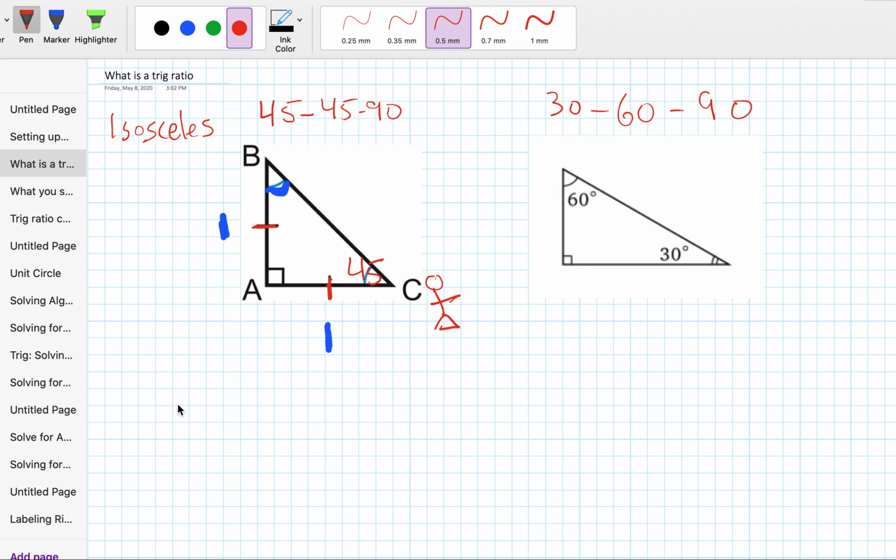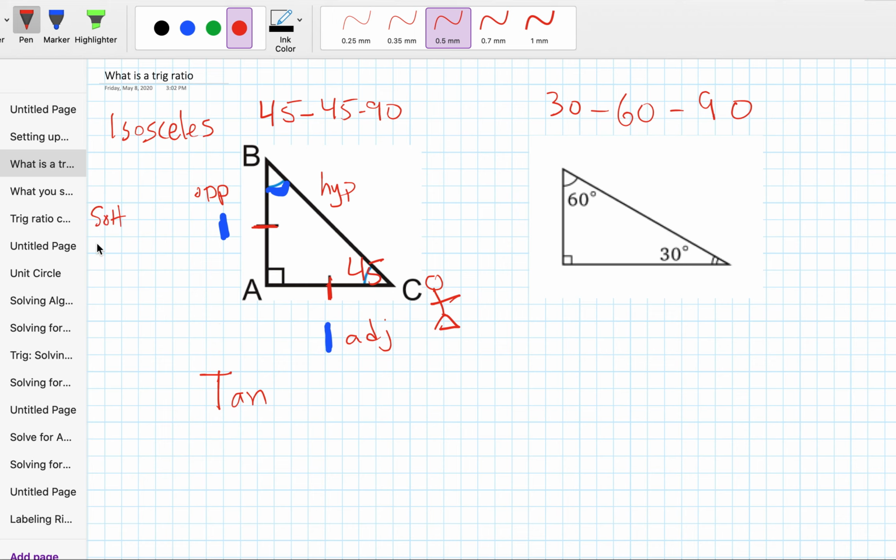We're going to set up a trig ratio, and we're going to use tangent because when I label it, my hypotenuse is here, my opposite is here, opposite of the reference, and my adjacent is right here. So tangent, opposite and adjacent, that's another lesson in case you've forgotten.